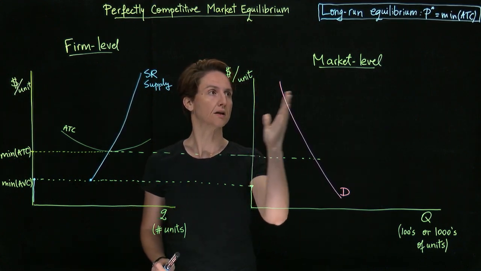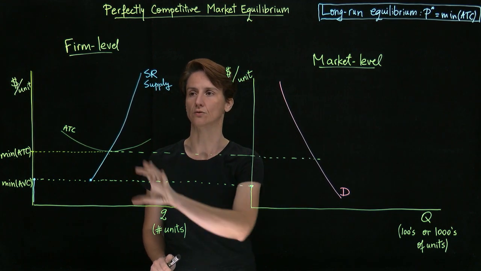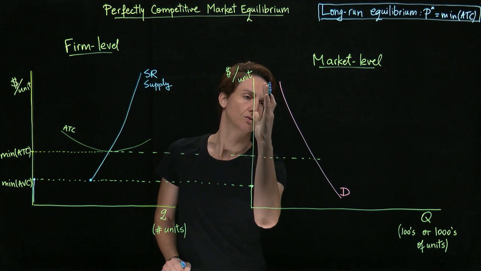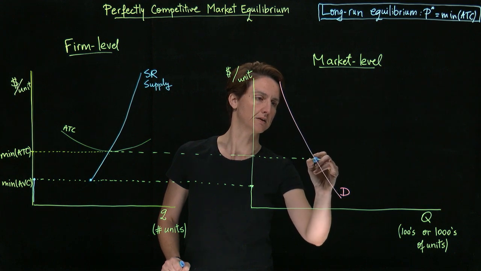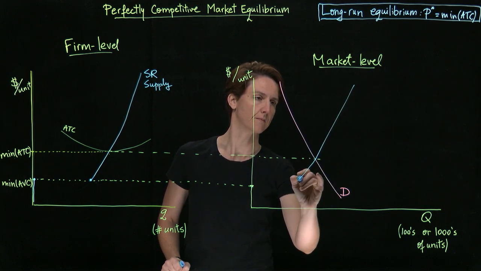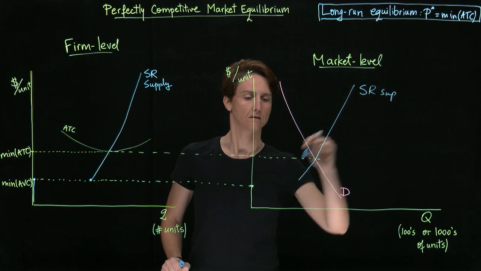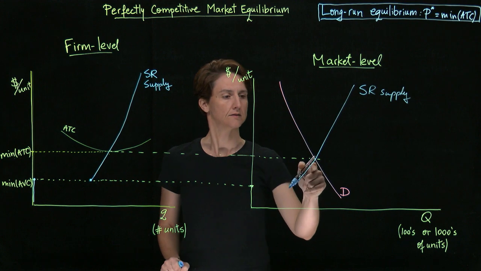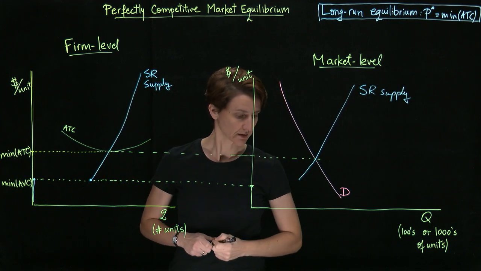So market supply will simply be the addition horizontally of all the individual supply curves. And so if we know that the equilibrium has to be at P star, then that tells us how much will be sold in that market.